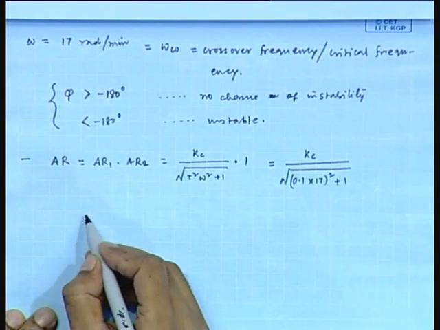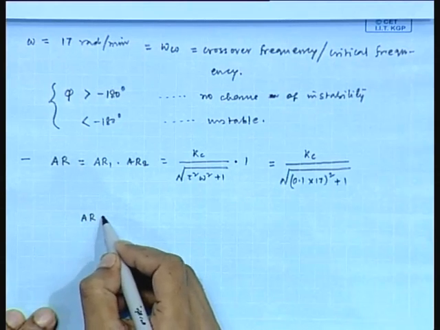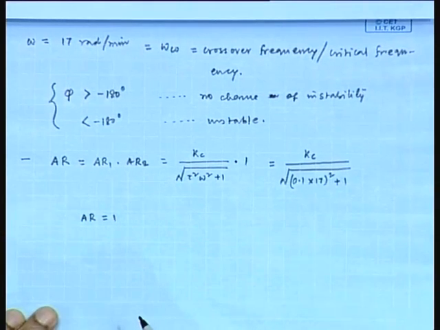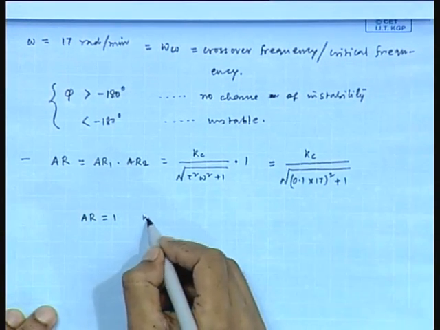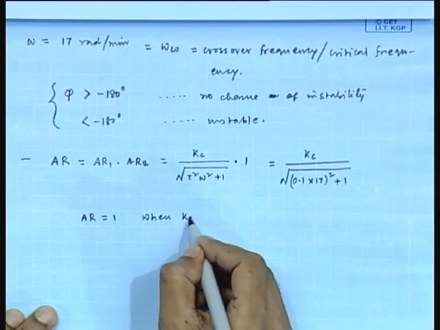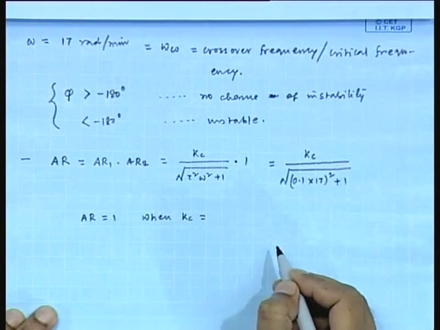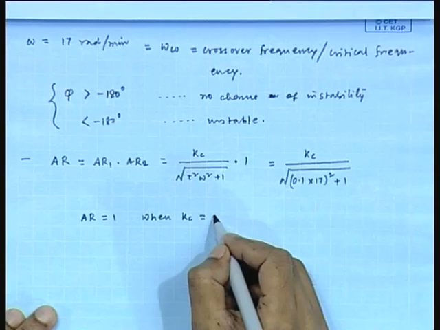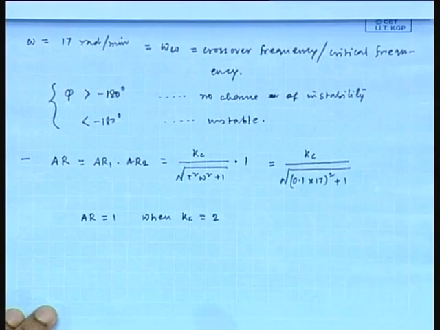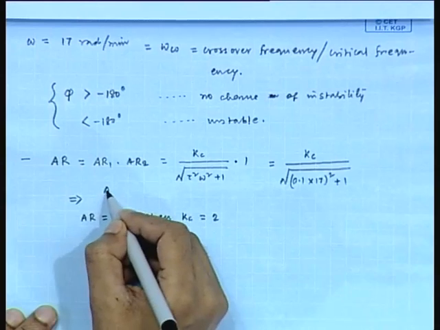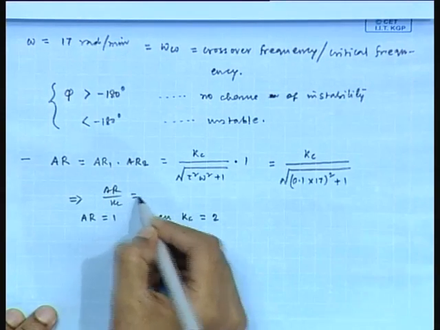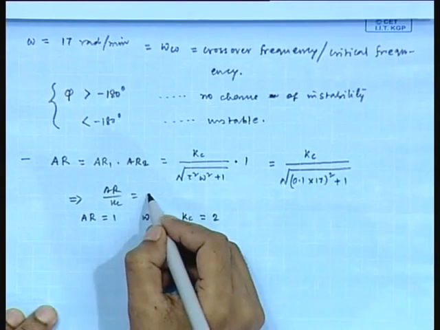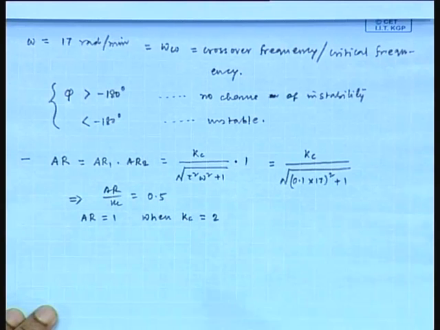Now, we obtain amplitude ratio equal to 1 when Kc equal to 2. I mean, if we write this amplitude ratio by Kc, we obtain 0.5.